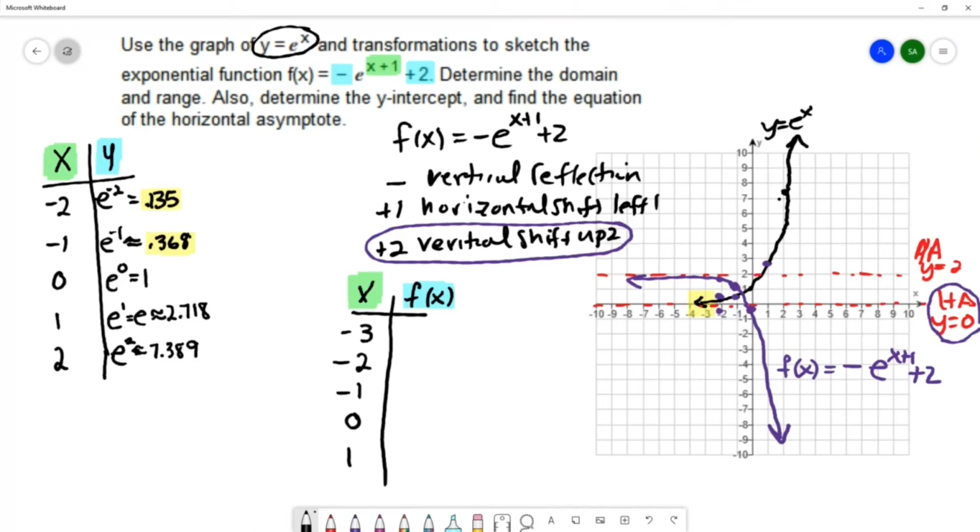So all of our y-coordinates get multiplied by a negative, and then the vertical shift will add 2 to it. So I started with this y coordinate here, and I multiplied by a negative, and I added 2. And I'll do that for each y coordinate.